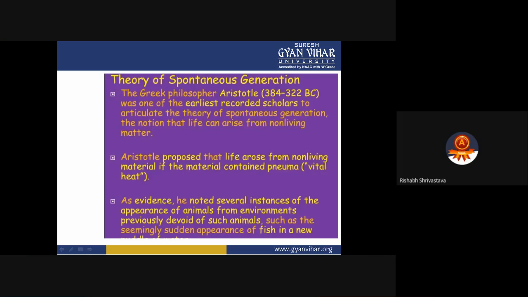What was basically happening is that they were hibernating under the soil, and when the rainwater came, the toads started to move again. So this was the theory of spontaneous generation, which says that if something had pneuma, the vital heat, then life can arise from that non-living matter.